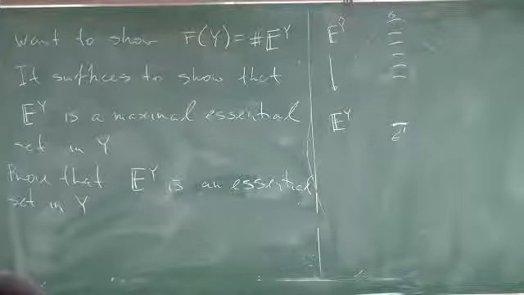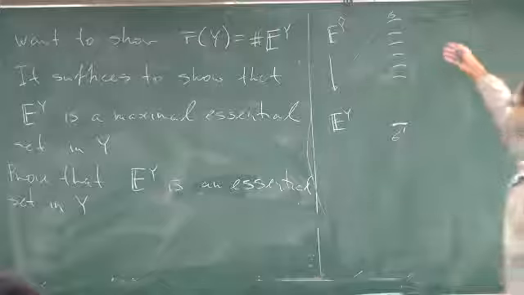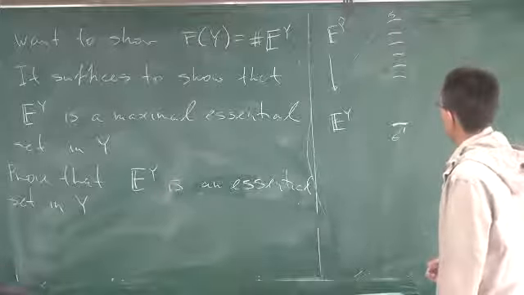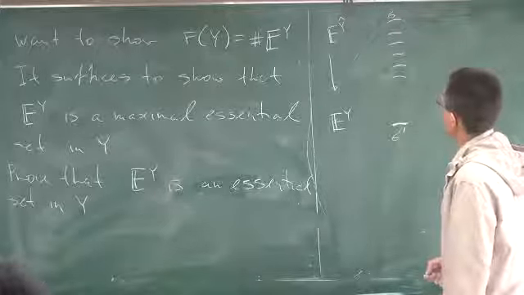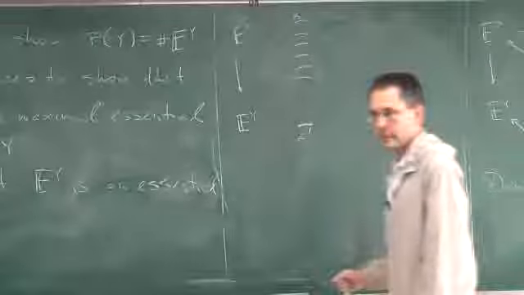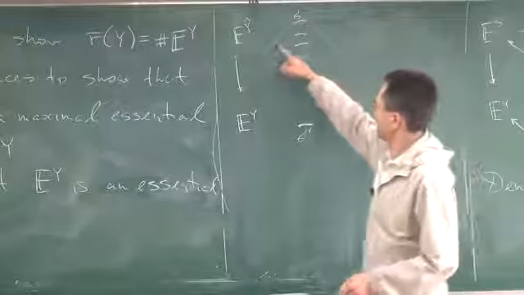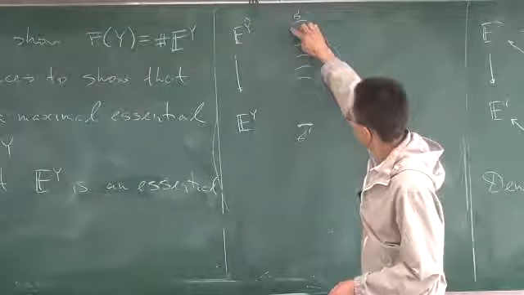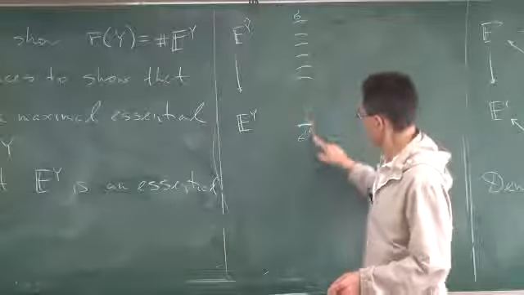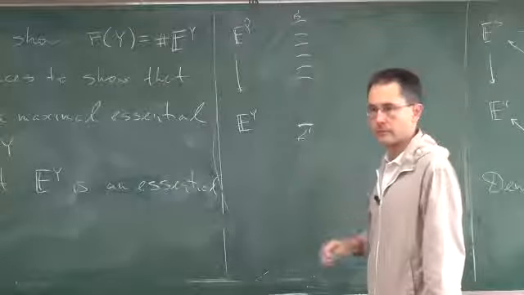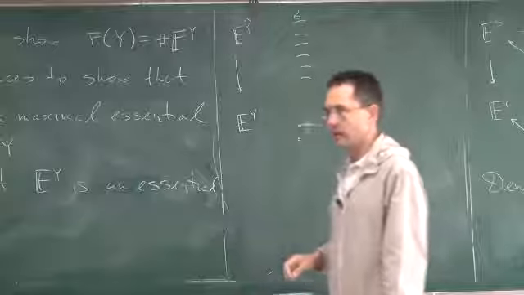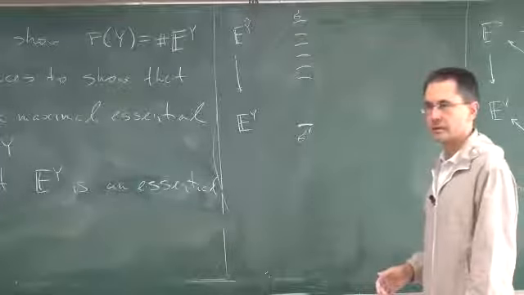Where this vein consists of edges that are smaller than sigma. Okay, but there is a problem here, right? It might consist of edges that are smaller than sigma, but some of these edges might also map to the same sigma prime, and then you cannot really run the argument.